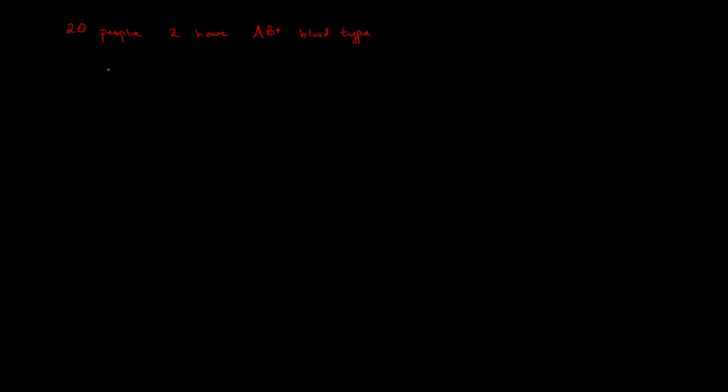So if I select one, the probability that person A has AB positive blood is 0.1, or 2 divided by 20. So the probability of getting one of those 2 people out of the 20 becomes 0.1.